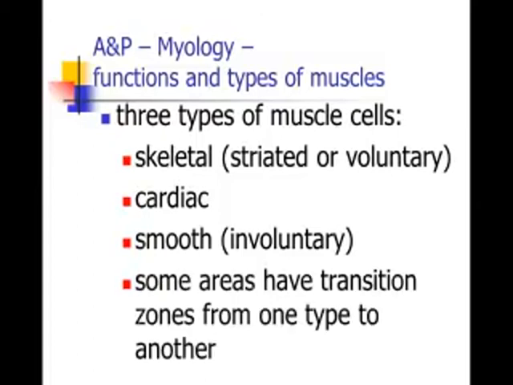There are some areas where we have transition zones, where we transition from one kind of muscle to another. There are a bunch of them in the body. One would be going from cardiac muscle tissue of the heart into the aorta. The very beginning of the aorta is more like cardiac tissue than smooth muscle tissue, at least the tunica media, the muscular layer of the wall. The same thing happens in the transition zone from the pharynx down toward the esophagus.